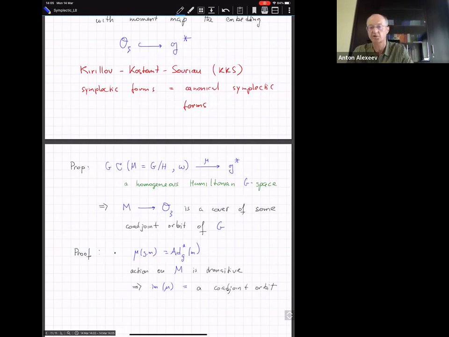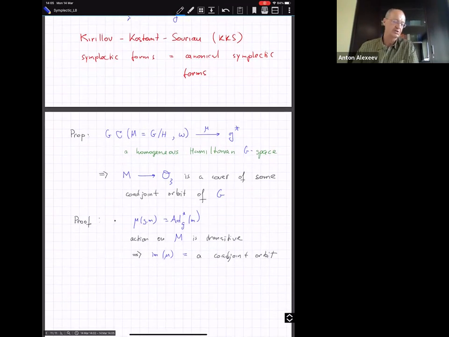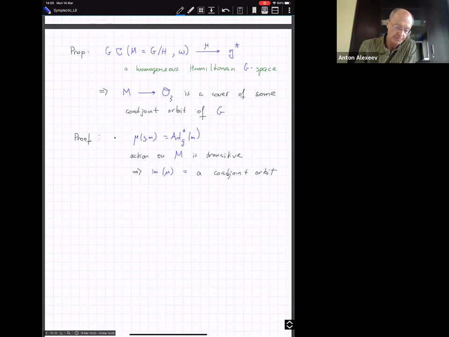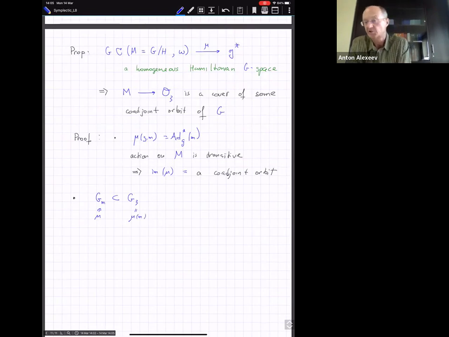You take any point in the image, you act by the group, and whatever you get by equivariance, it's an orbit of that point. So the image is a coadjoint orbit. Now, in principle, what may happen? We know that the stabilizer of a point in M is contained in the stabilizer of its image. That's just by equivariance. But of course, the stabilizer of a point in principle might be smaller.